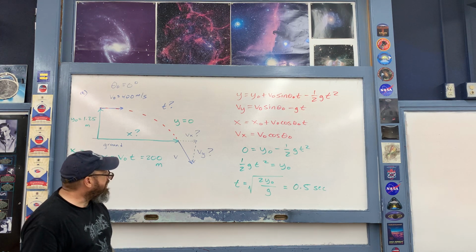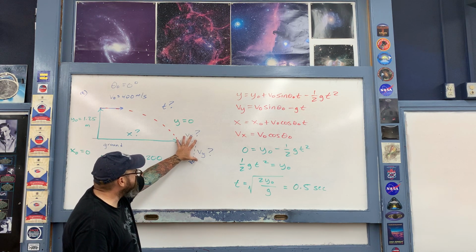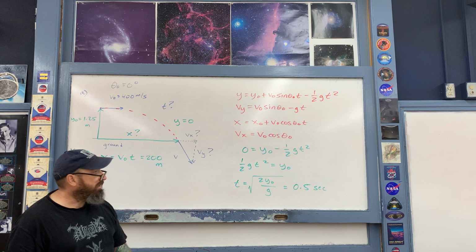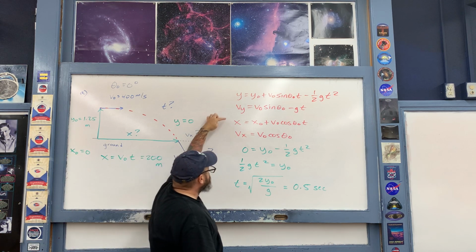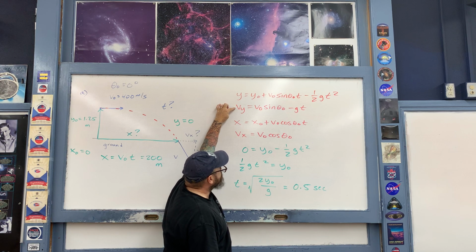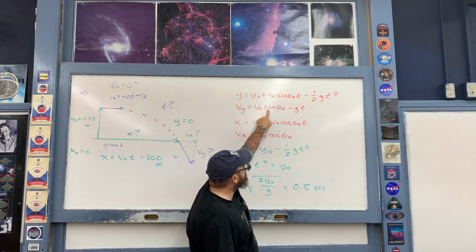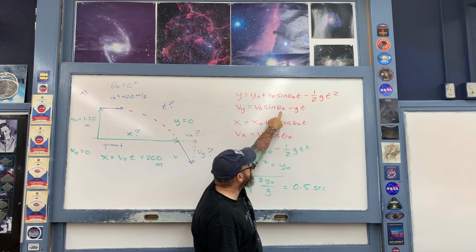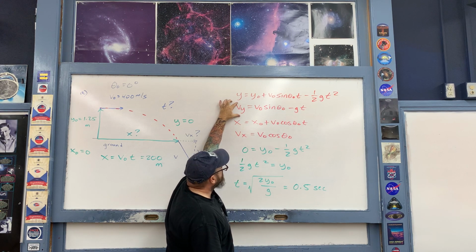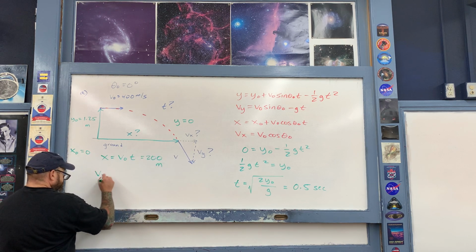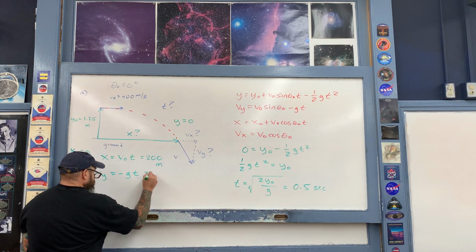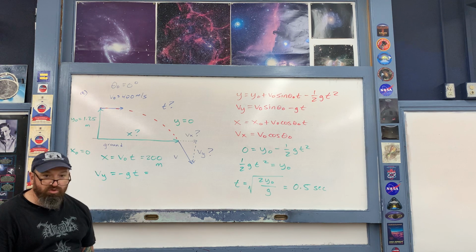Also in part A of the problem, it asks us to take a look at the details of the velocity vector. So let's first find v sub y. We'll do so by using this expression. On the right-hand side of the expression, we have the sine of 0 degrees, which is equal to 0. So the equation for v sub y becomes minus gt, which we've seen before.